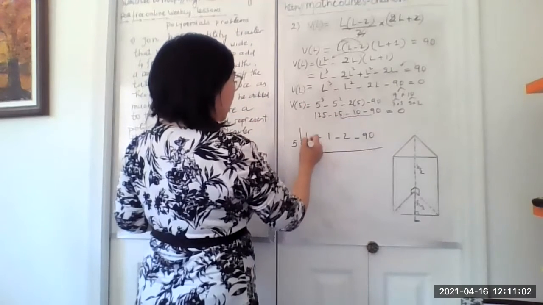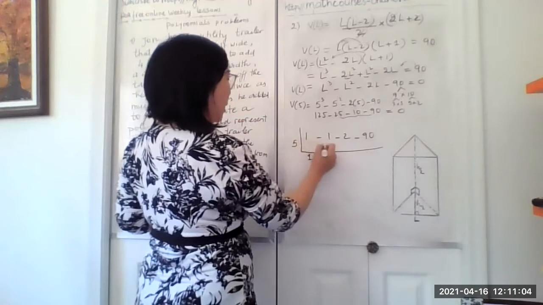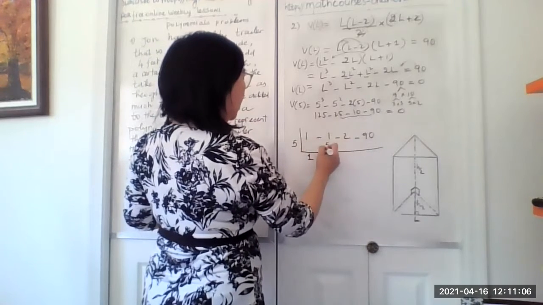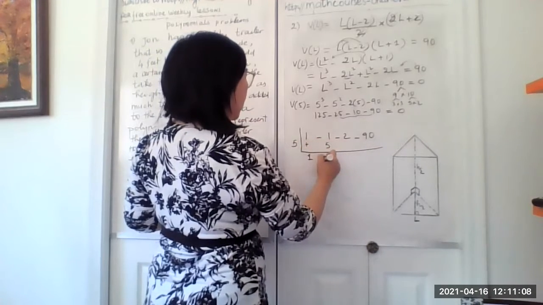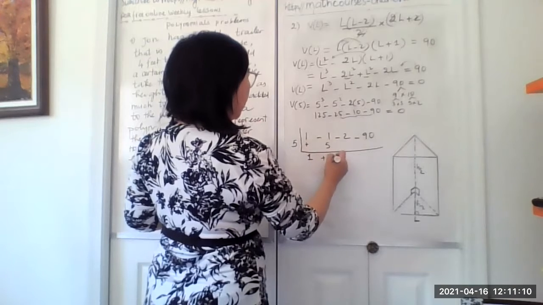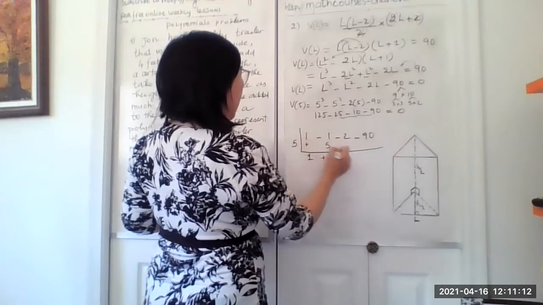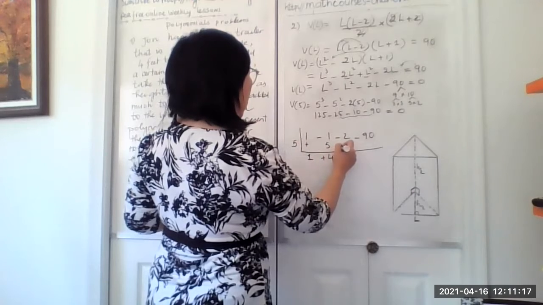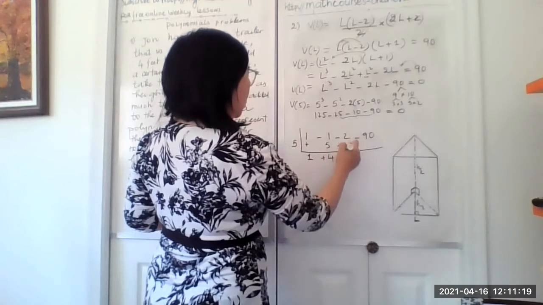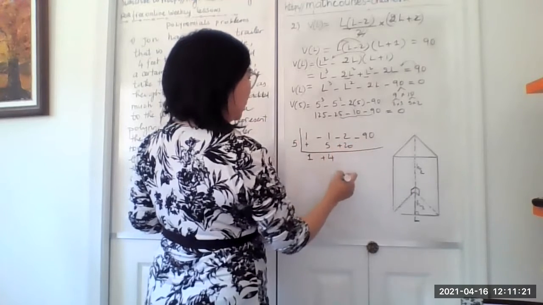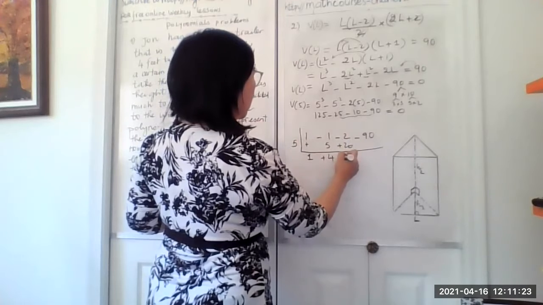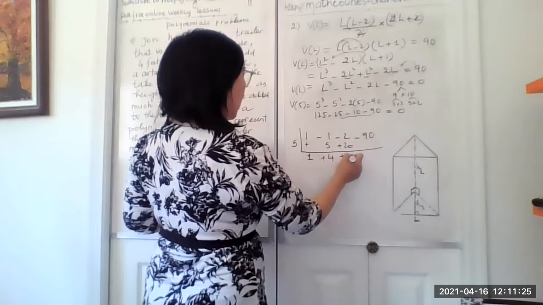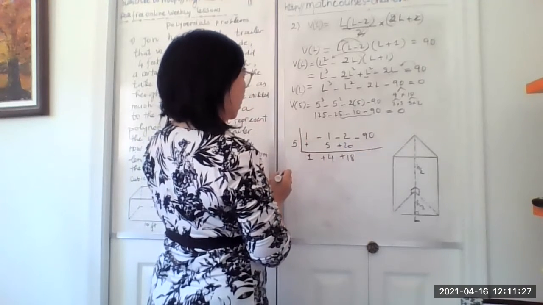So 1, I bring it down. 1 times 5 is 5. Minus 1 adding with 5 is positive 4. 4 times 5 is 20. So I'm going to put positive 20. Minus 2 plus 20 is 18. 18 times 5.